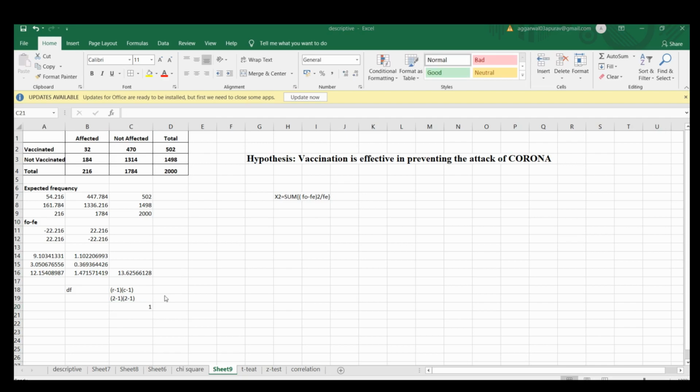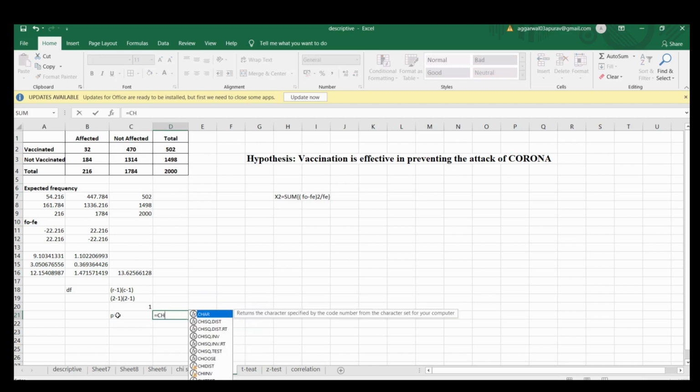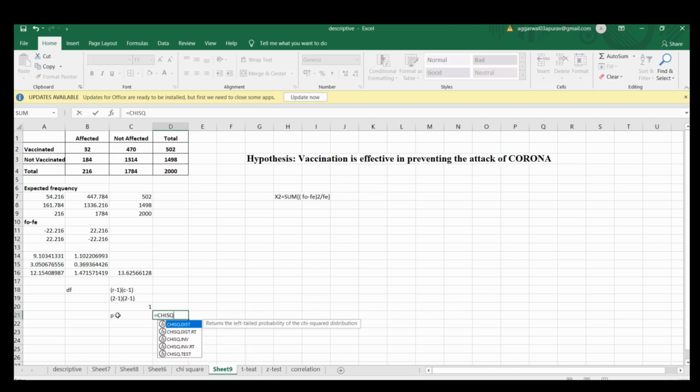To see the significance after calculating df, calculate the critical value, or it can be taken from the table at 0.05 level. To calculate p-value, actual range, comma, expected range.